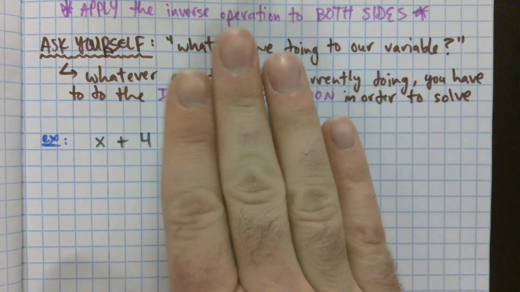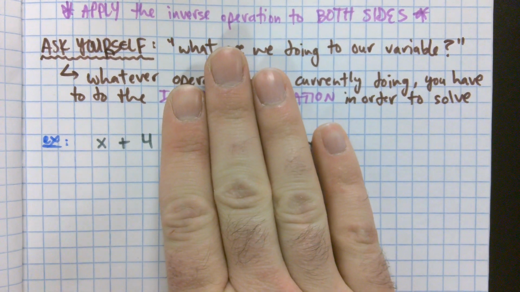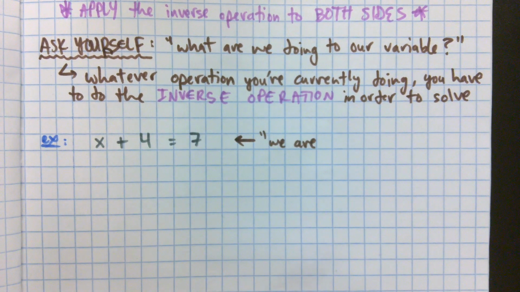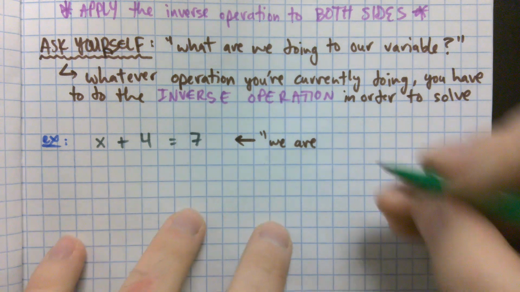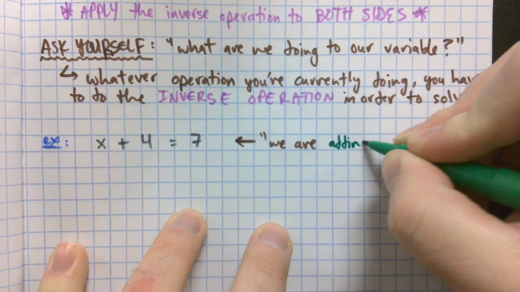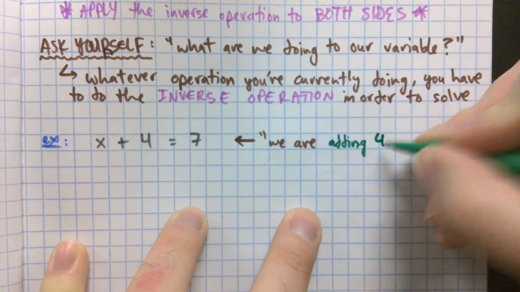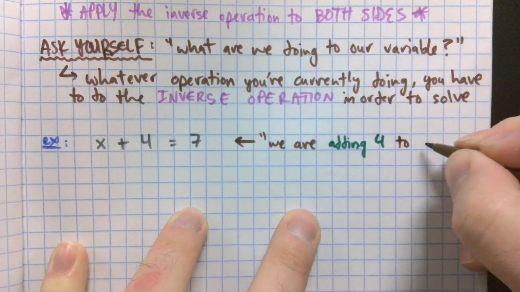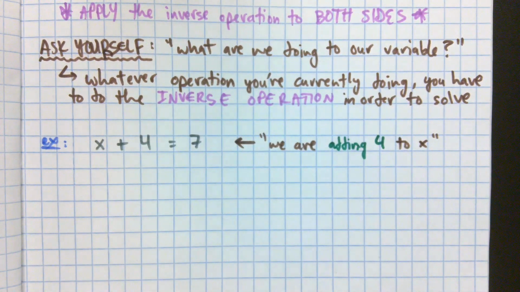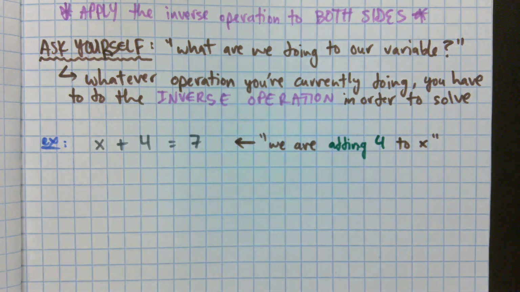If you look just at the left side, x plus 4, what are we doing to x? Are we adding to x? Are we subtracting to x? What are we doing? Adding. We are adding 4 to x. What would the inverse of adding 4 be?